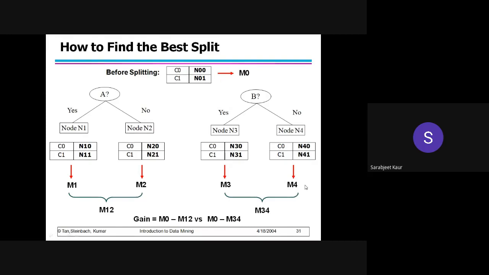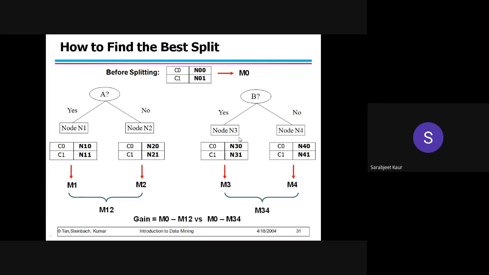Now we are also going to attach the weight of a particular node when we compute M34. What is the weight of a particular node? It is the total number of tuples that have come to this particular node from node B.